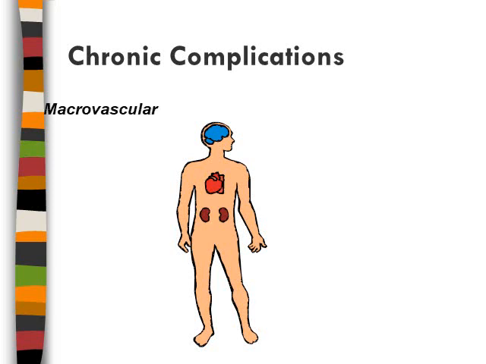We can classify chronic complications into macrovascular disease and microvascular disease. Macrovascular disease is distinct to type 2 diabetes mellitus, especially because it is a part of metabolic syndrome, and the basic pathophysiology behind its development is atherosclerosis.